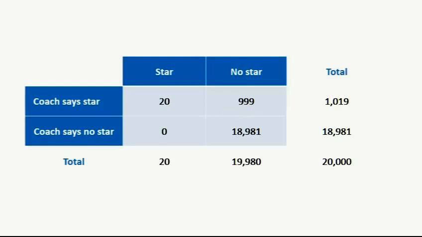True, these are only 5% of all non-stars, but the crucial point is that they are 98% of his star predictions, 999 over a total of 1019. In other words, he made only 20 over 1019 correct star predictions, which is exactly the 2% posterior probability according to the Bayes theorem.